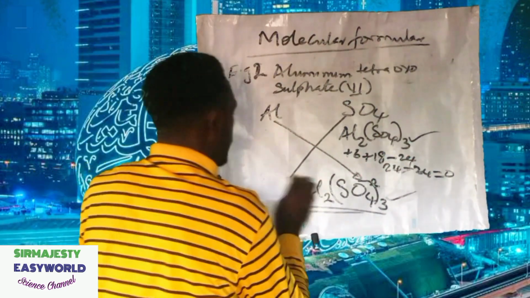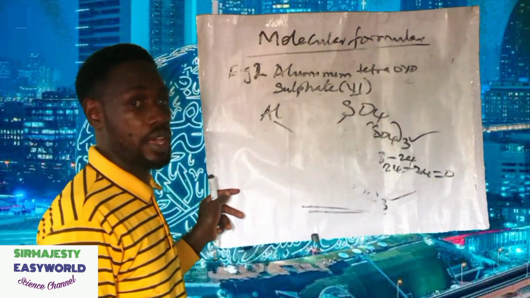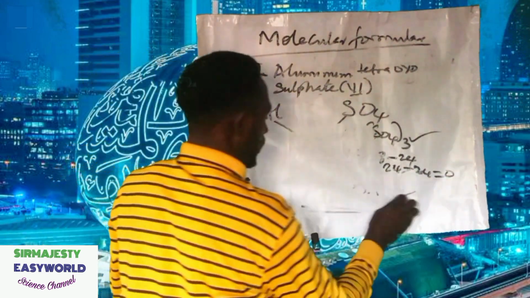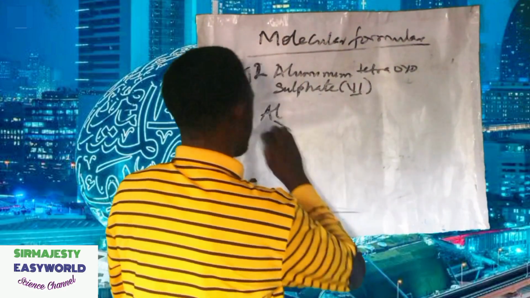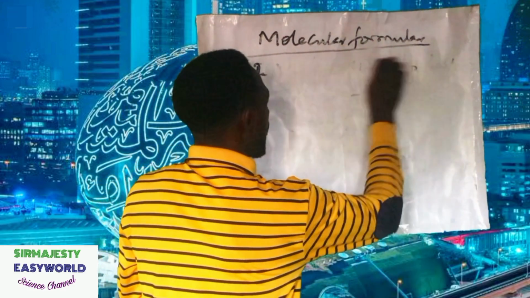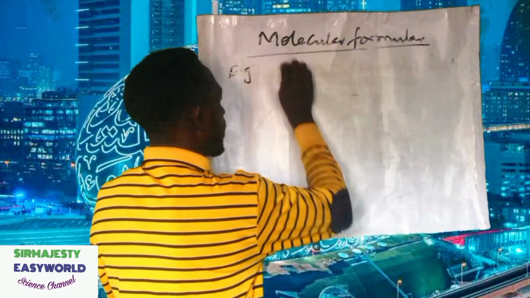All right. Now, try your ability. Can you write calcium tetraoxophosphate 5? Calcium tetraoxophosphate 5. As I move to quaternary compounds, how to write the formula and also how to name quaternary compounds.